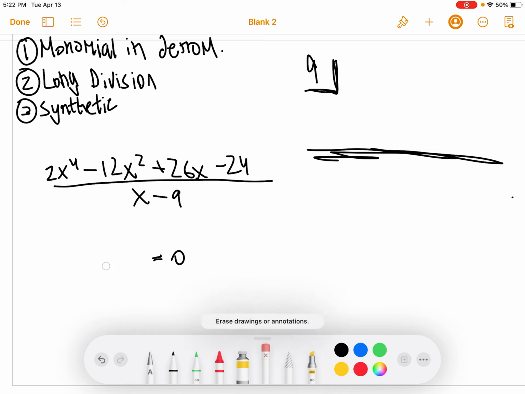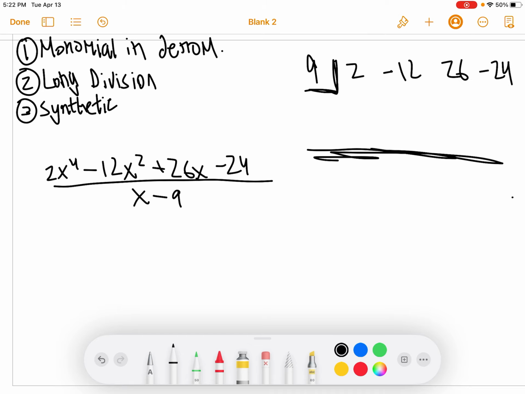Simple enough. Now, what you put here is just the coefficients of all of the things here. So we have 2, negative 12, 26, negative 24. So we put those 4 numbers here, probably with a little space so you don't get mixed up. Okay.